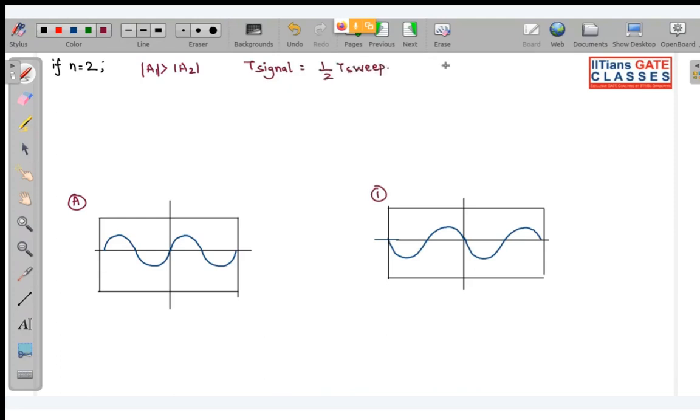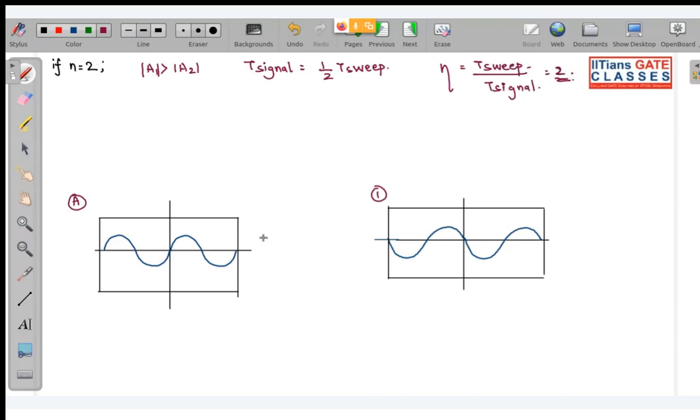So if this is the case, we know number of cycles displayed will be equal to time period of sweep divided by time period of signal. So this will be equal to 2. So number of signals displayed will be 2.